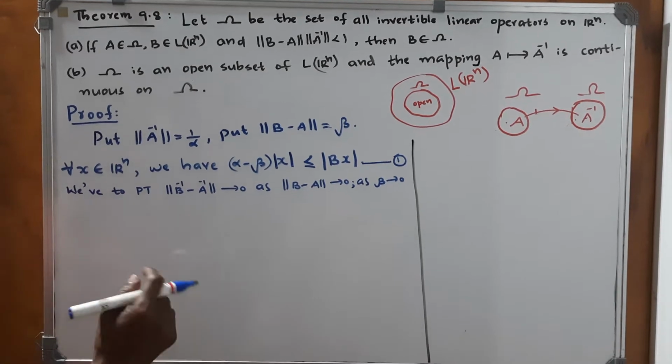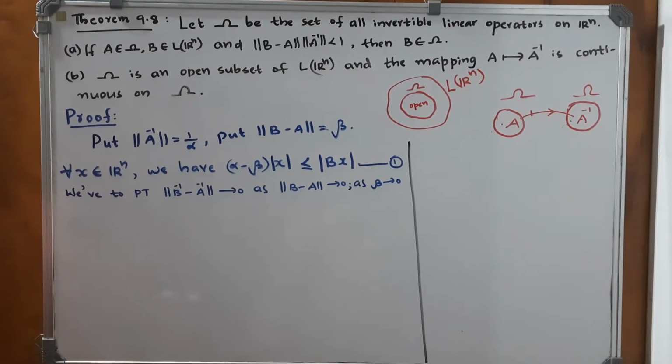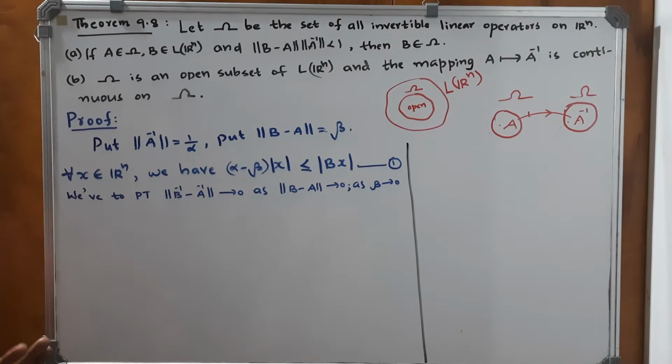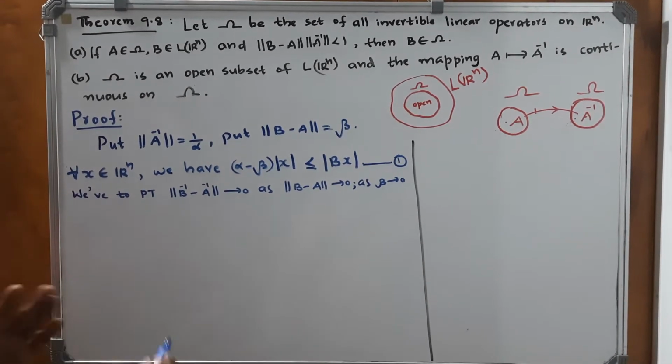So what we do is, in equation number 1, we replace x with B inverse y for y belongs to Rn.